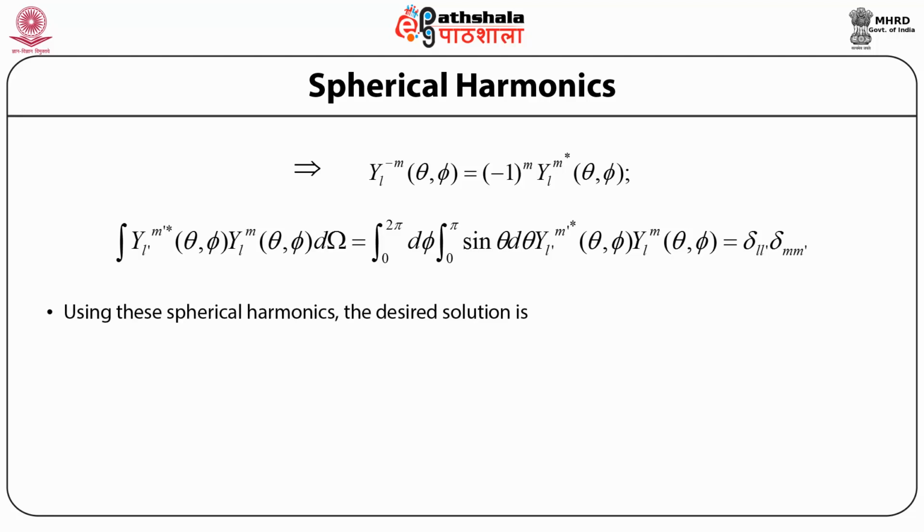So using these spherical harmonics, the desired solution is psi dependent on x, omega equals summation from L equals 0 to infinity, summation m equals minus L to L of F_L(r) times Y_L^m(theta, phi).